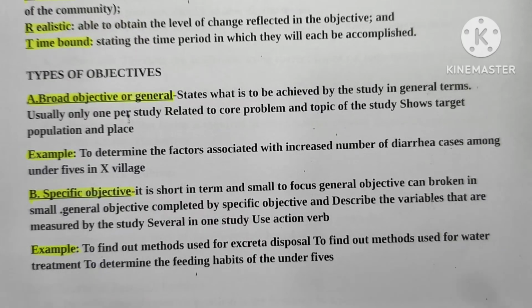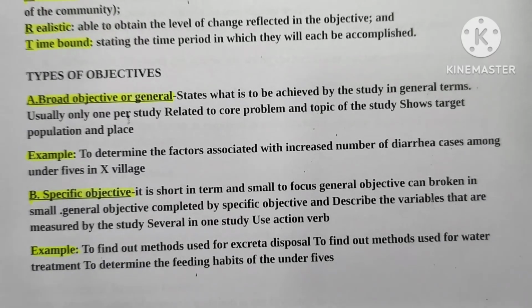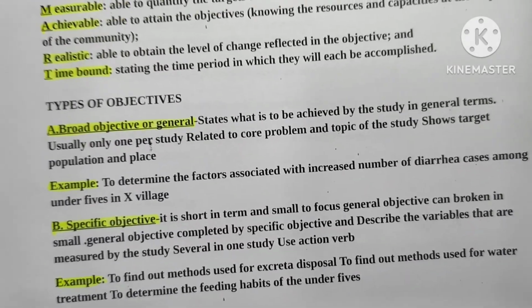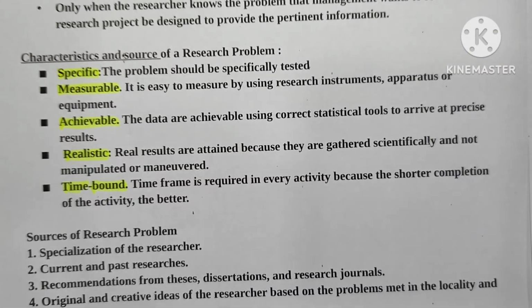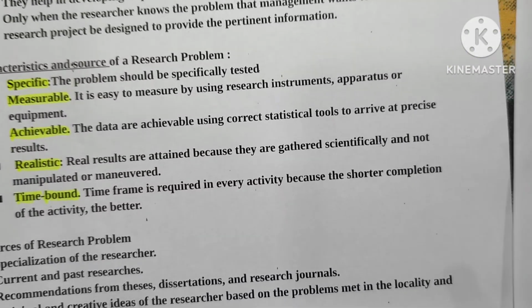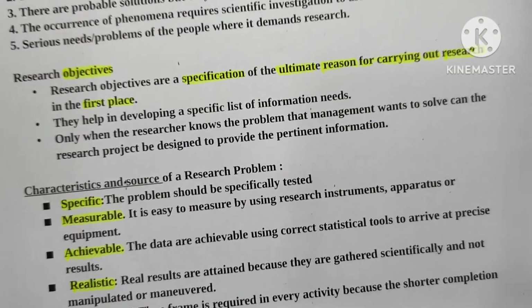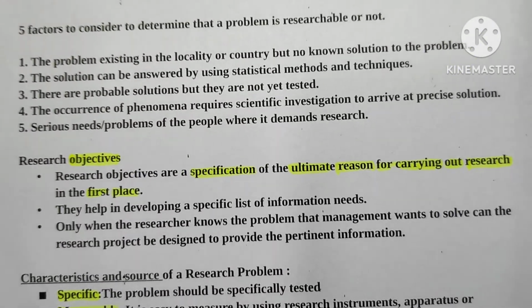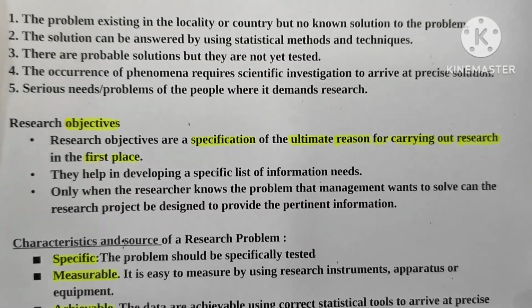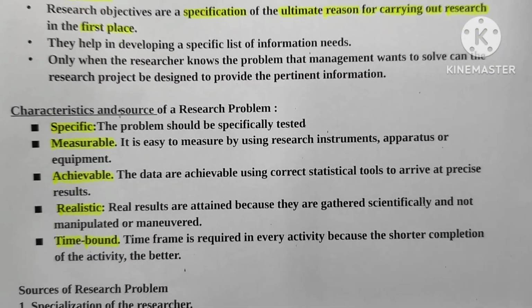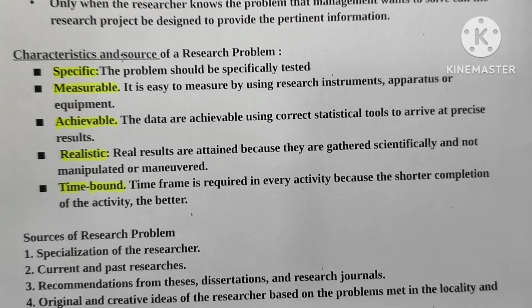So in this video we have discussed the research problem. We have seen what a research problem is, the 5 factors you have to consider in research objectives, the characteristics of a research problem: specific, measurable, achievable, realistic and time bound.